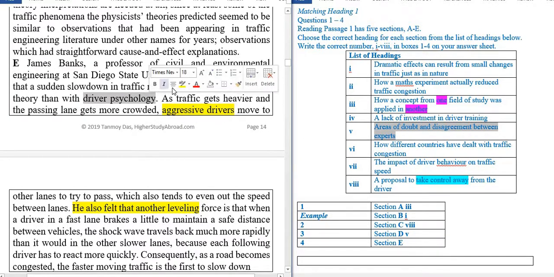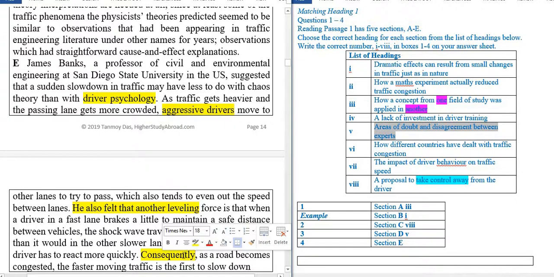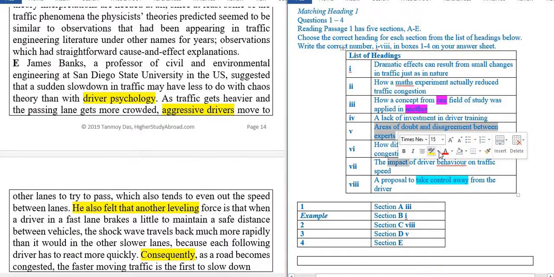Then the driver psychology. So if it is the driver psychology, then, and here consequently, from this word consequently you can see this is the direct synonym for here impact. So I would say the answer is 7.